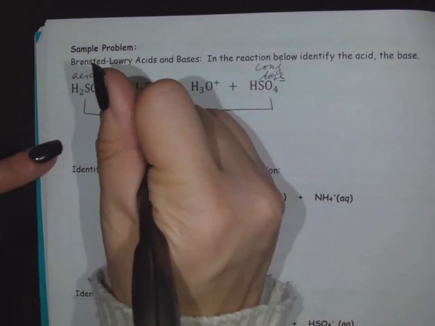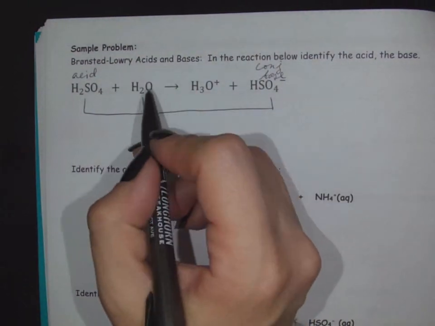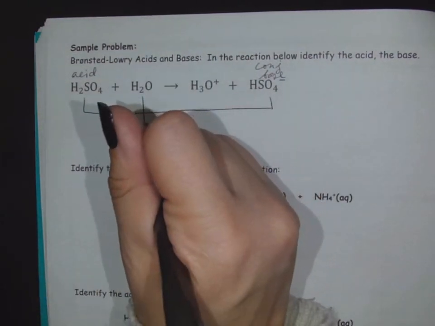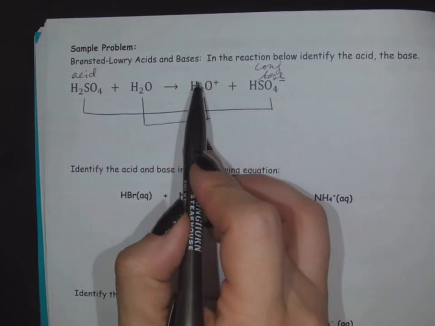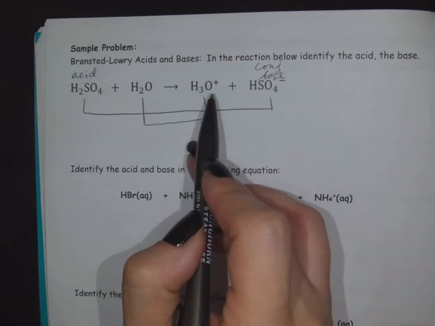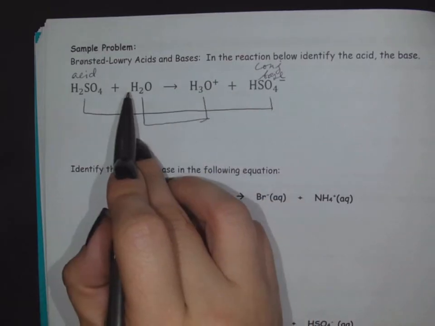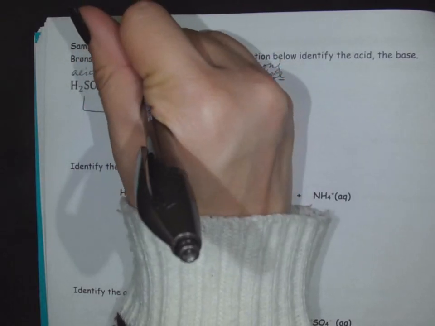Where water, and it doesn't always have to be water, we'll see that on the next one, but we had 2 examples with water. And this turns into H3O+. The other name for this is hydronium, by the way. H3O+ is hydronium. So we have water, and it's going to gain a hydrogen, so that's the base. Bases gain.